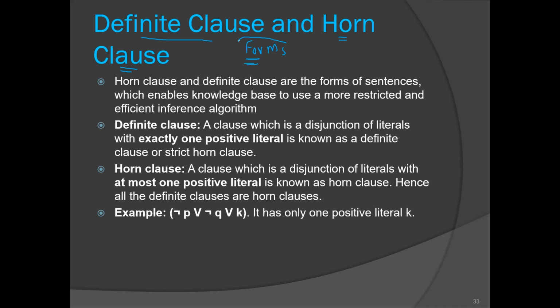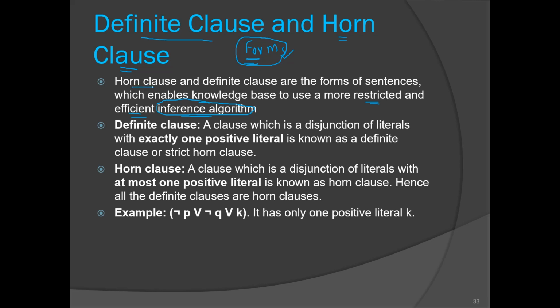By these clauses we are saying that all the sentences in our knowledge base should follow these forms. So we are putting a restriction on the knowledge base, and because of that restriction our inference algorithm will become efficient. It will be easier for our inference algorithm to infer new things.